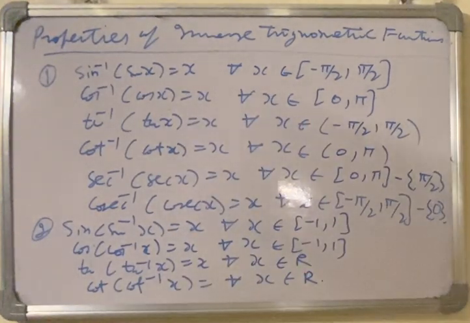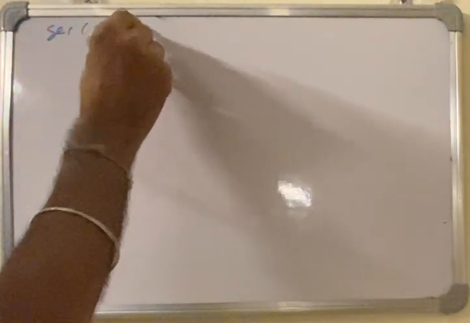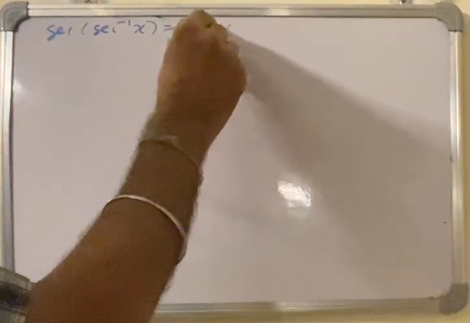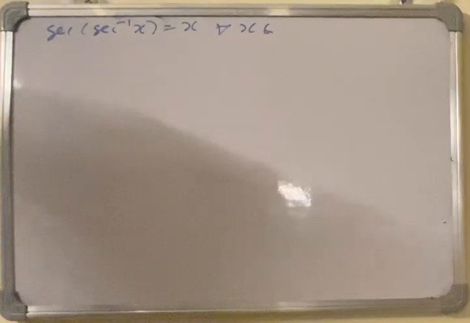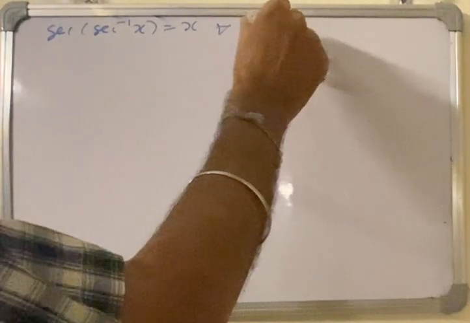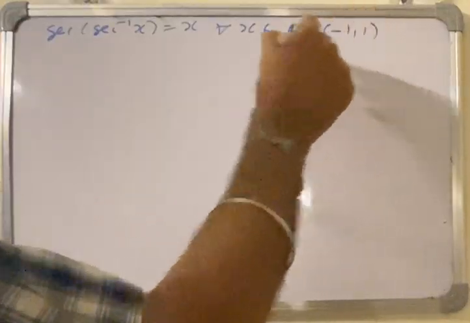Then secant of secant inverse x is x for all x belonging to R minus the open interval minus 1 to 1.